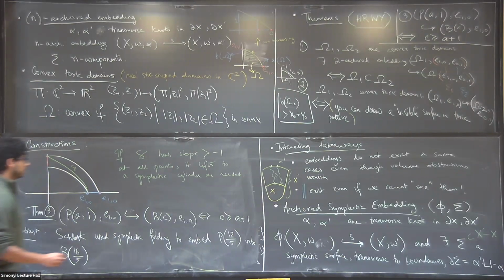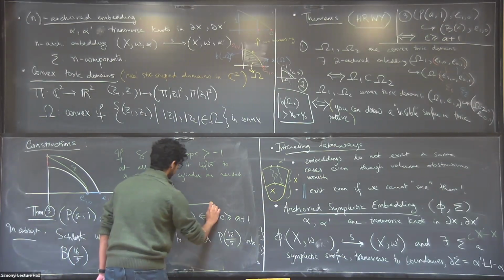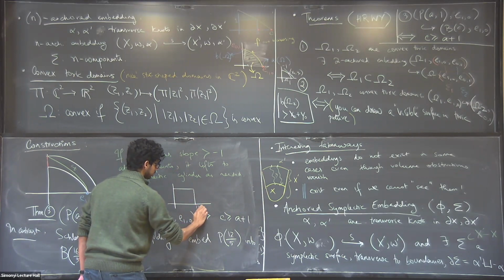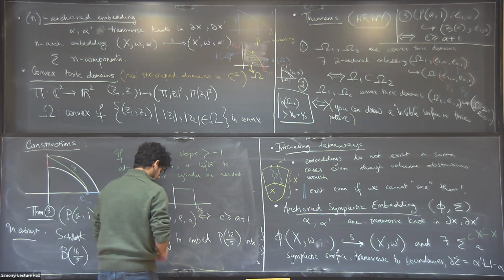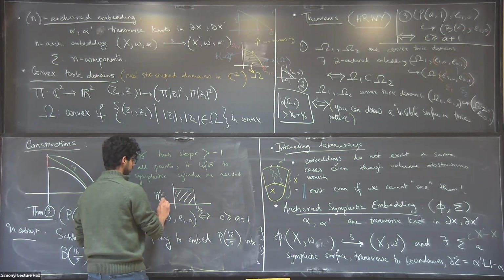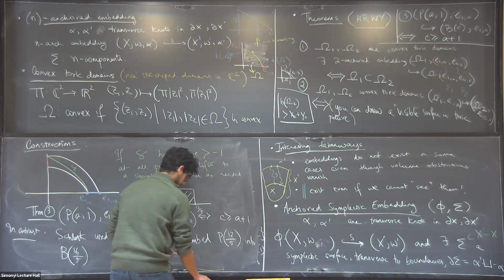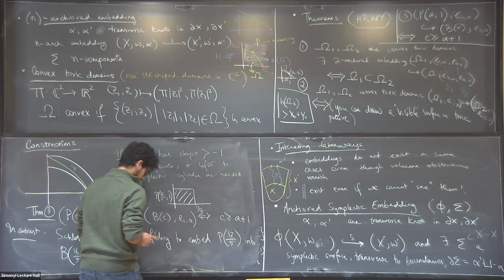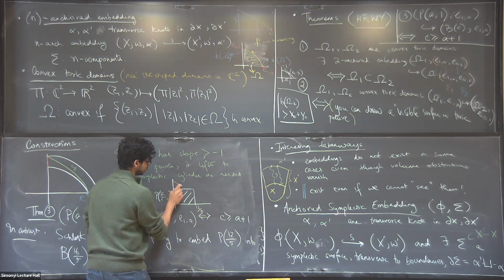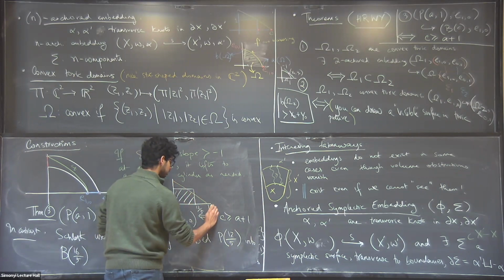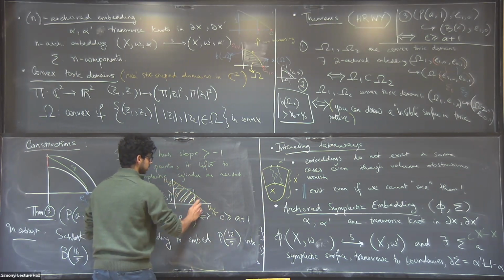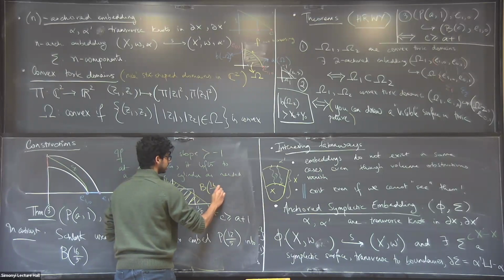Okay. And if you were to draw them out in the toric picture, this is your polydisc. This is your ball of size 16/5.